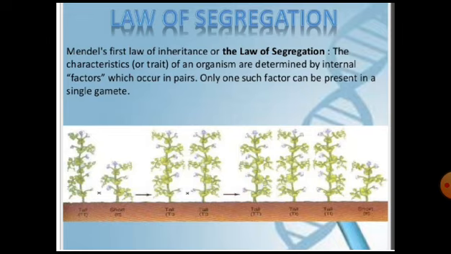That means they get separated from one another and pass on into a single gamete as a single copy. Thus, only one factor, or we can say only one gene of a character, is present in a gamete. And when the two gametes, that is paternal gamete and maternal gamete, fuse, the nuclear constituent combines.